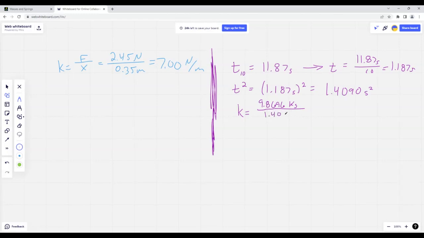Then the square of my time, 1.4090 seconds squared. Remember, the units are a little bit strange, but they are equivalent to newtons per meter. And then running that through a calculator, 7.00468, so on, so on. So really, really close to 7 newtons per meter, just like the other one. And that's it.